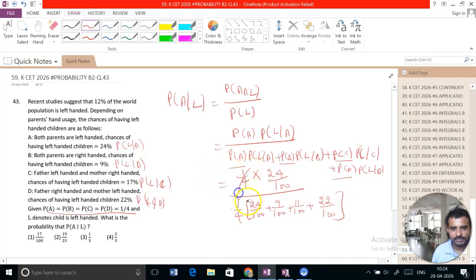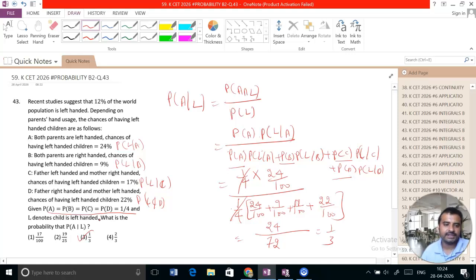So we can cancel 1 by 4, 1 by 4, and we are remaining with 24. Can I cancel 100, 100, because all are 100 only? It becomes 24 plus 9, 33, 33 plus 17, 50, 50 plus 22, 72. So 24 by 72 is 1 by 3. So option 3 is the right answer.